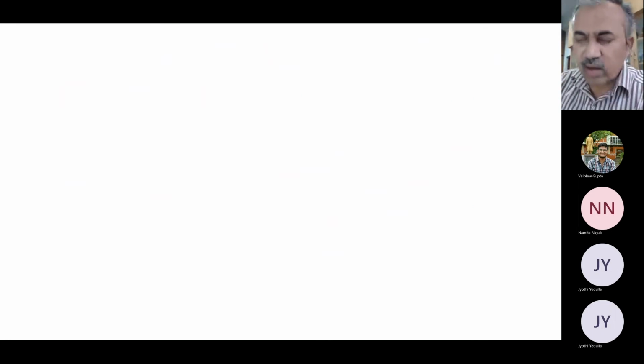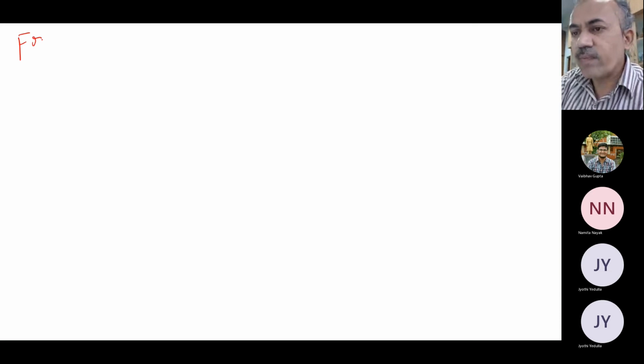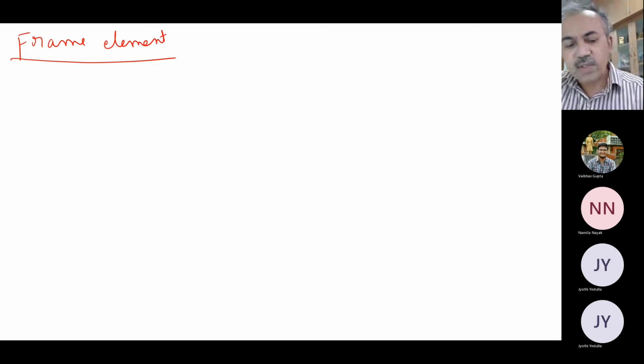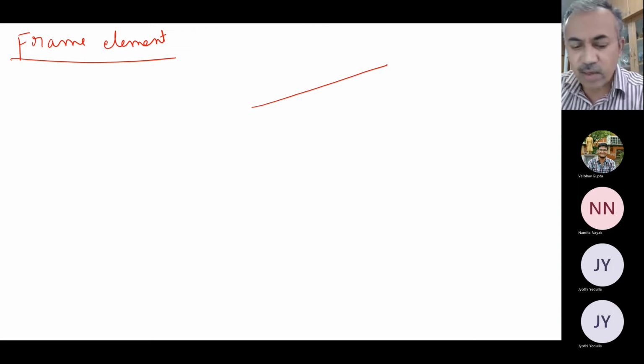If you take any frame element, okay, you would have seen in your finite element course the stiffness matrix and others. So you know the frame element. I think the frame element is like this. You have 1, 2, 3, so these are all the degrees of freedom.